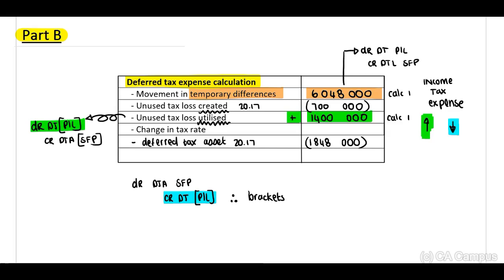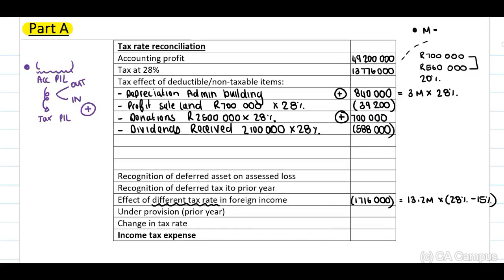Therefore, if you debit your deferred tax in your profit and loss, this is an increase of an expense account. Therefore, we include a positive. And the total deferred tax expense 49,000,000. We can now refer to part A, our tax rate reconciliation, and complete our tax rate recon.